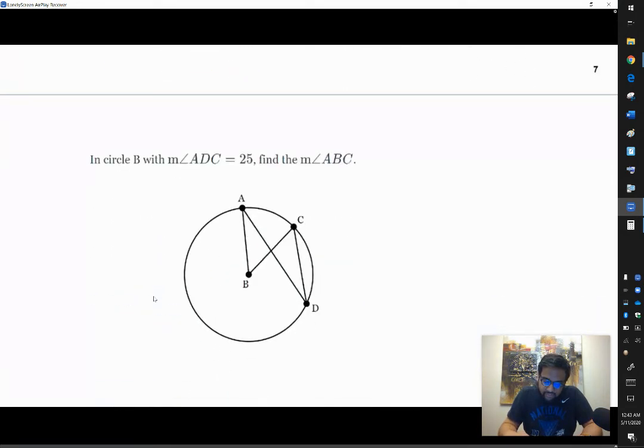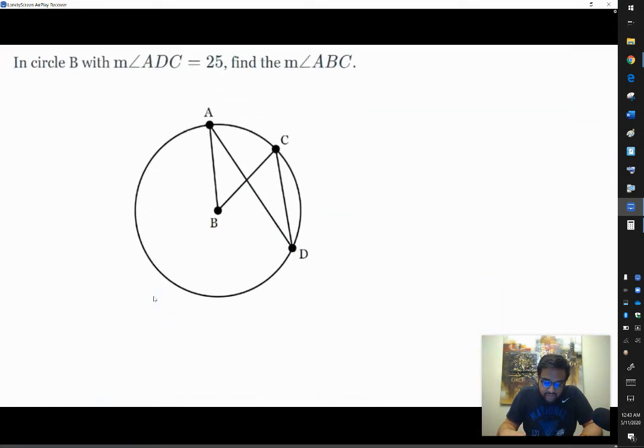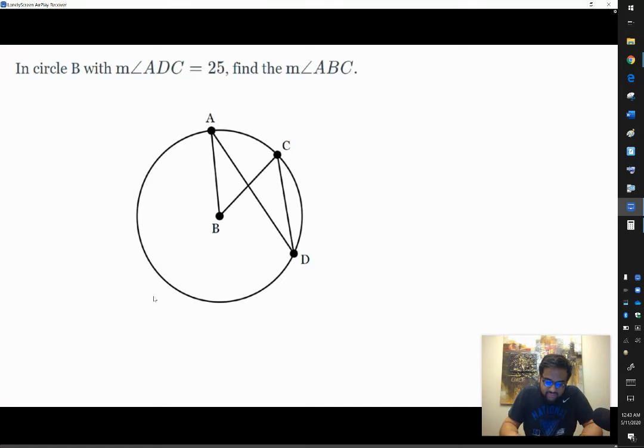Let's look at an example. In circle B, with measure of angle ADC being 25, pause, let's illustrate that. ADC, that fellow right there is 25 degrees. Then find the measure of angle ABC.